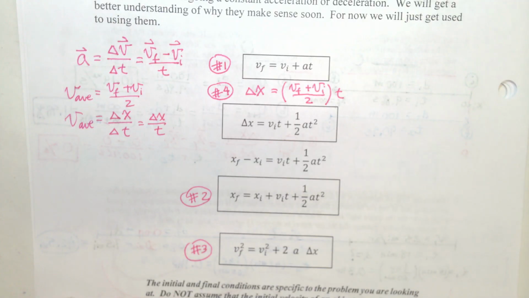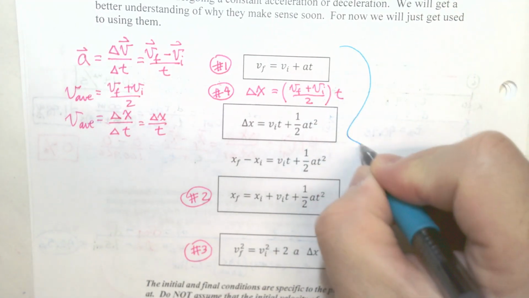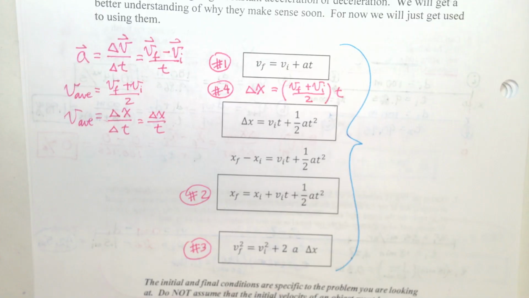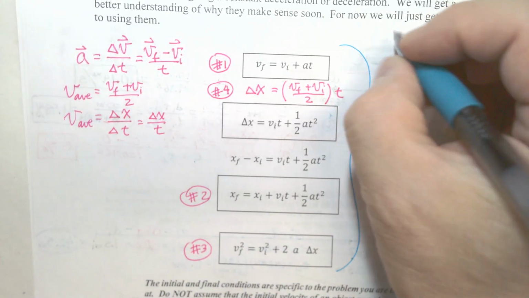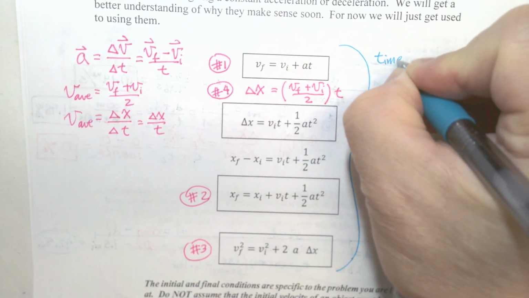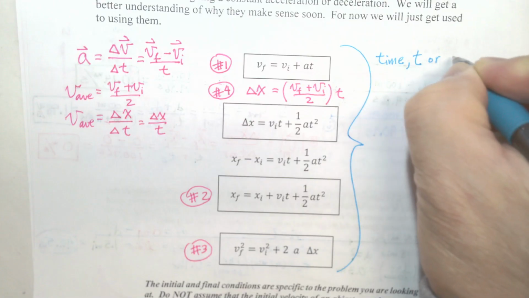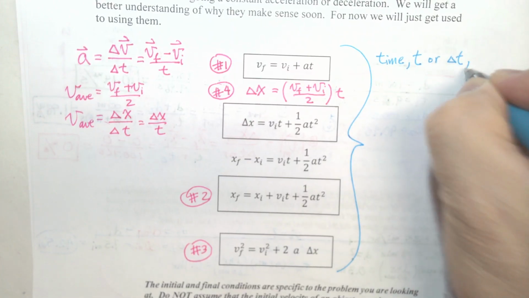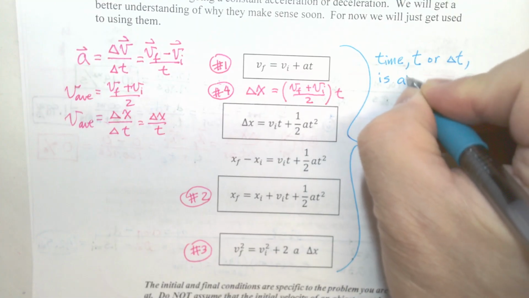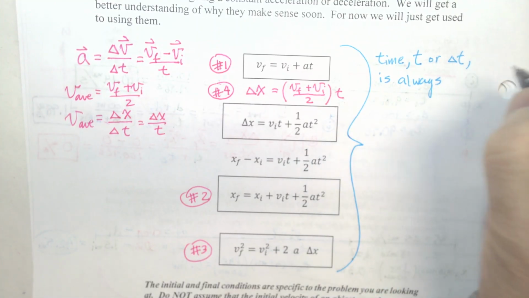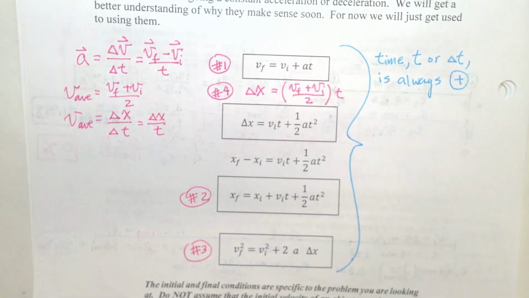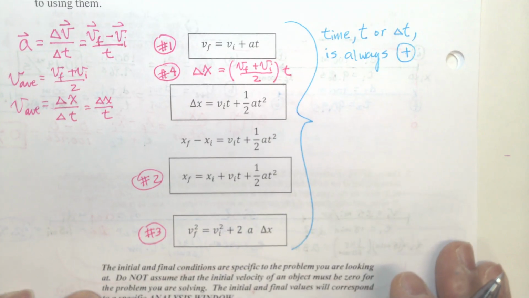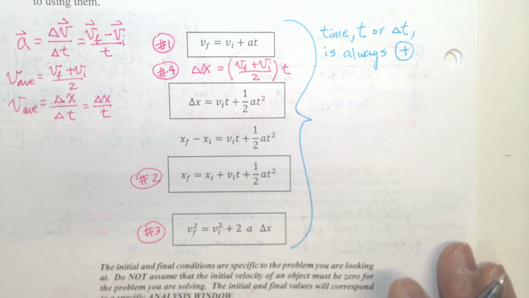But the important thing is that in all these equations, time t, or delta t, is always positive. You cannot have negative time. If you have negative time, either you should win a Nobel Prize in physics, or you're probably wrong. And chances are, you're probably wrong.